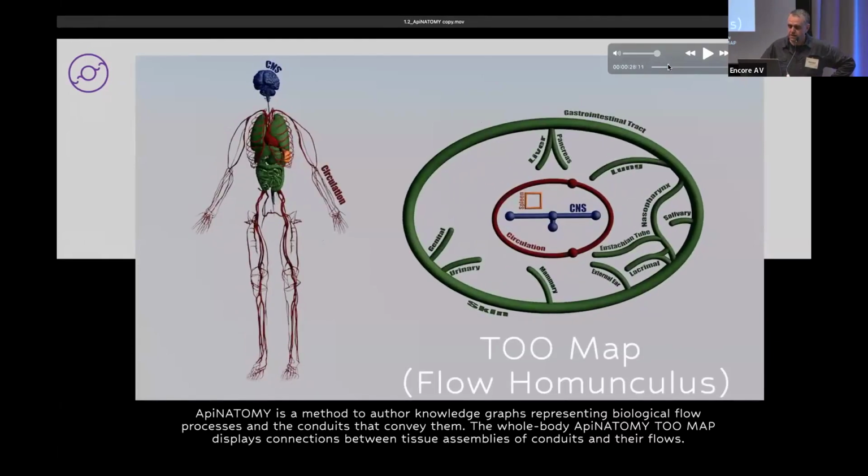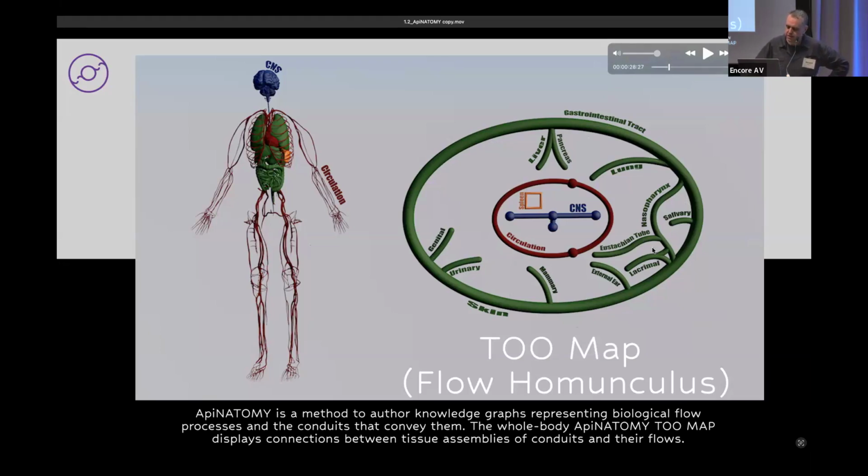So on the left-hand side, you can see a classic 3D spatial anatomical representation of the human body. On the right-hand side is a projection of the knowledge graph that we have in Spark. And essentially, it's a homunculus of flow. In green, you can see the routes of flow for epithelial fluids. So for example, this is the urinary tract, this is the genital tract, liver and pancreas connecting to the gastrointestinal tract here.